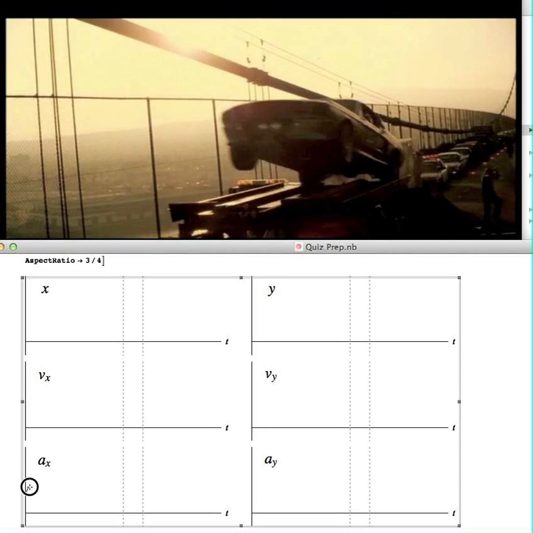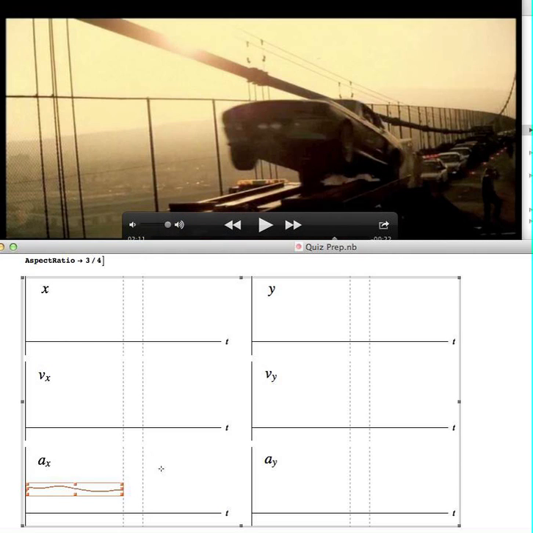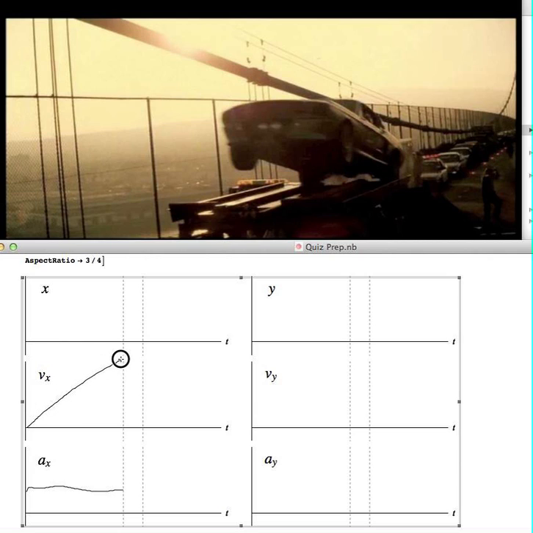And for us, our kinematic equations all deal with constant acceleration. So I'm going to assume that's a constant positive acceleration forward by the car. His velocity constantly increased. So that's linear upwards.